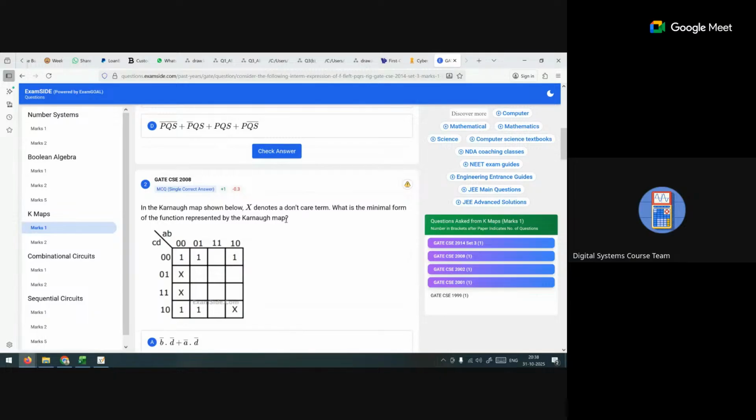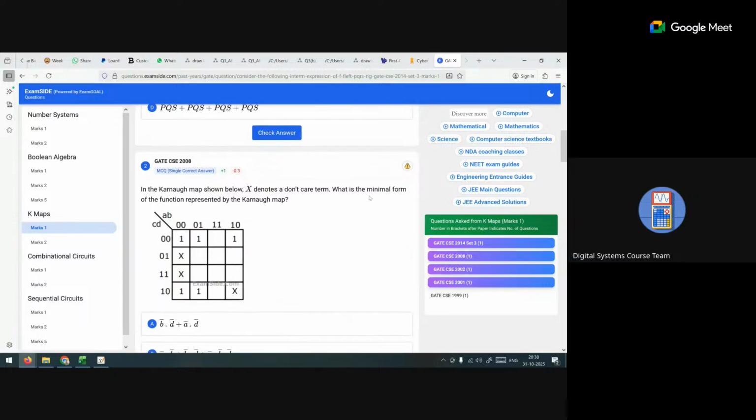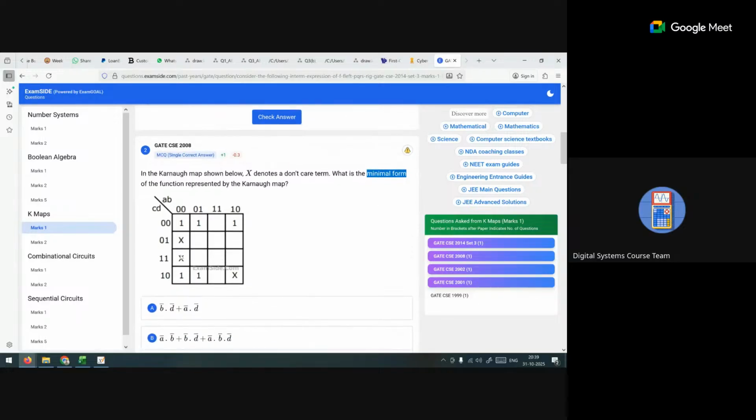In the K-map shown below, X denotes the don't care condition. What is the minimal form of the function represented by the K-map? So minimal form means SOP, min terms. One group of corners, 4, and one group of these two, this upper and this bottom. Okay, so two groups are there.